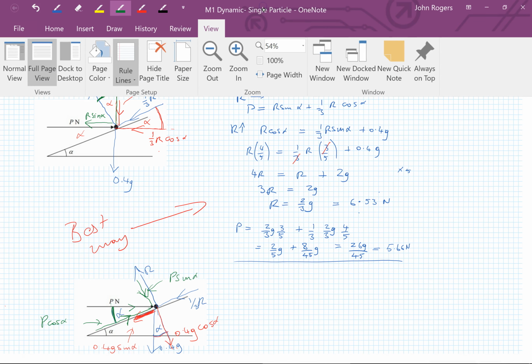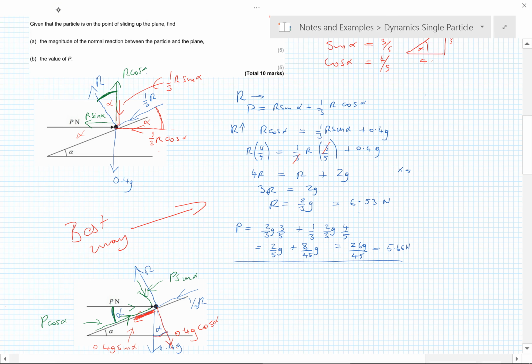Okay, so let's set up our equations. Let's resolve perpendicular to the plane first of all, because it's definitely not moving in any direction, so it's definitely all balanced in that direction too.